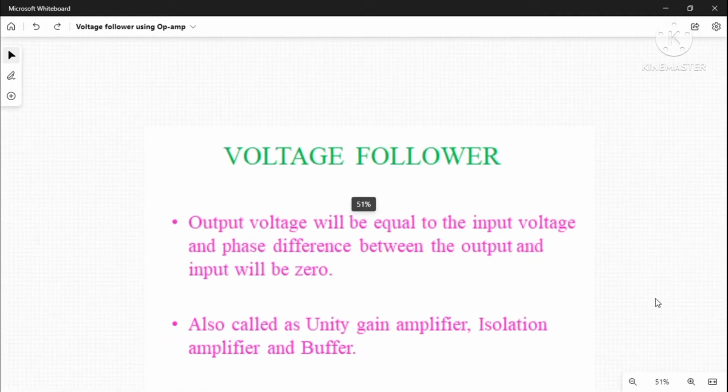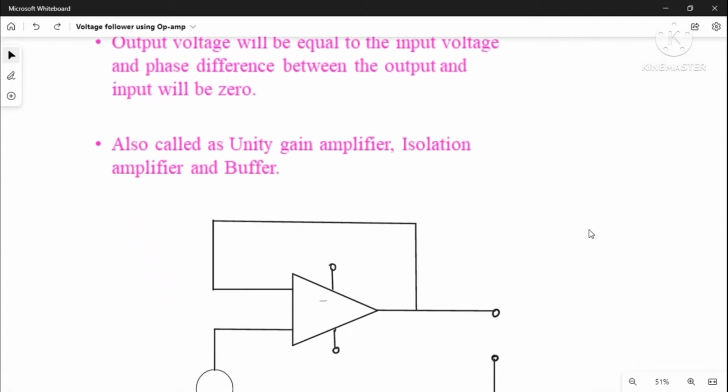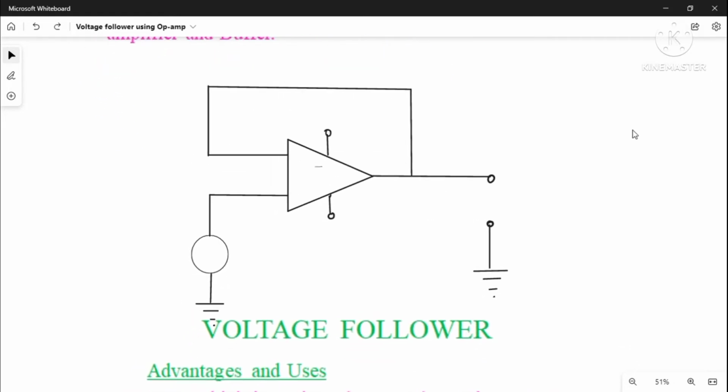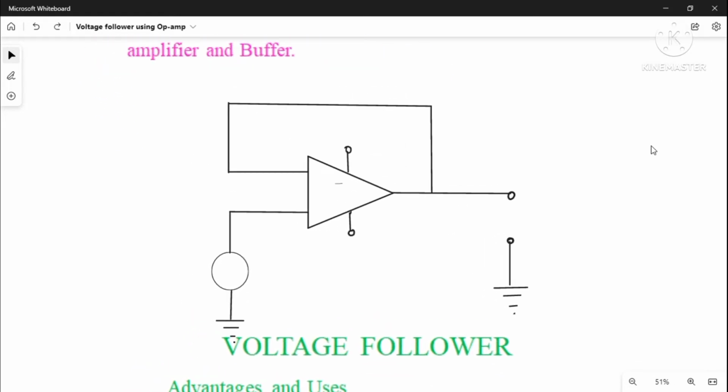Now let us see the circuit diagram of voltage follower. The voltage follower using op amp is an application of non-inverting amplifier, which means that the input voltage Vi is given to the non-inverting input terminal and the inverting input terminal is connected to the output through zero feedback resistance.